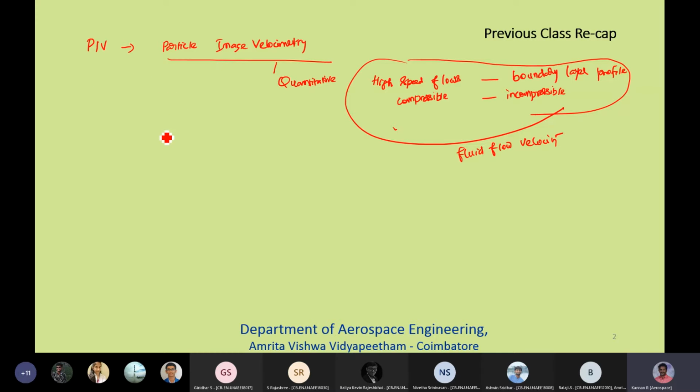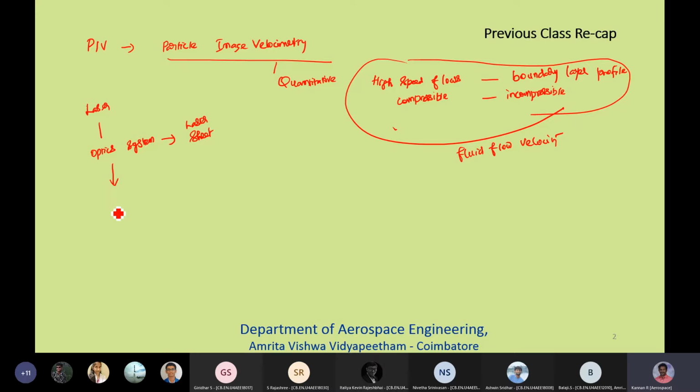In the case of PIV, the components required are your laser and your optic system for converting the laser beam into a laser sheet.